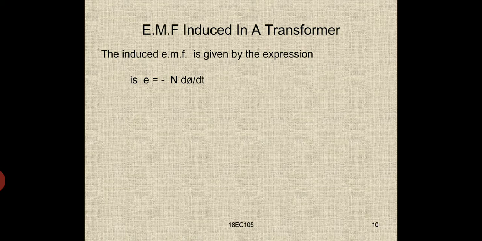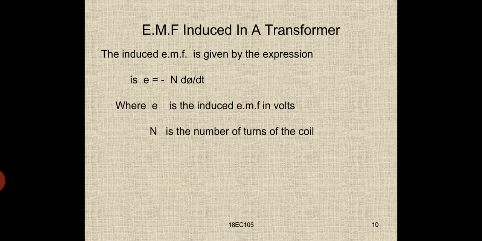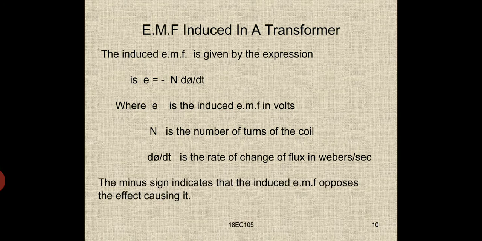So E is the induced EMF in volts, N is the number of turns of the coil, and d phi by dt is the rate of change of flux in Webers per second. The minus indicates that the induced EMF opposes the effect causing it. So it is exactly opposite, that is 180 degrees out of phase.